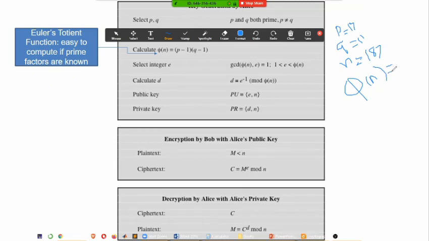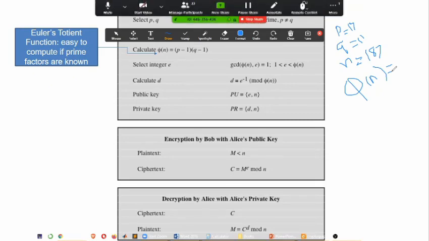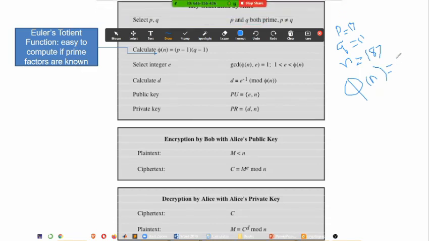Now phi of 187 is difficult to compute in general, but in this case it is easy because she knows the prime factors of 187, 17 and 11. So phi of n is going to be 17 minus 1 times 11 minus 1. It's going to be 160.